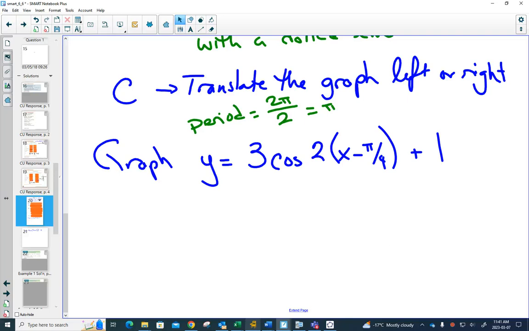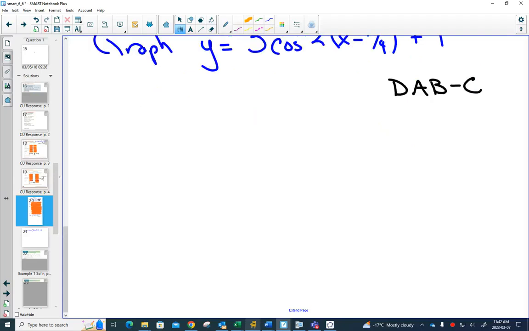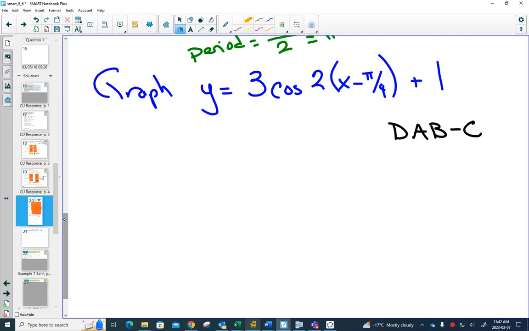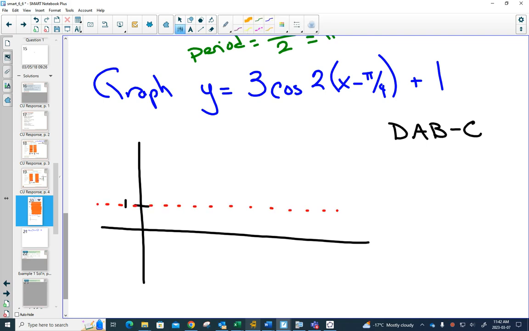So what I'm going to do is, off to the side, write DAB-C. So that's telling me the order that I need to do things. And we start with our D value. Our D value is 1. That 1 tells us that our center line, I mark 1, I take out a red pen, I draw a dotted line at y equals 1.